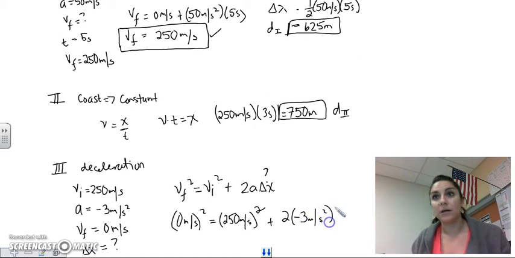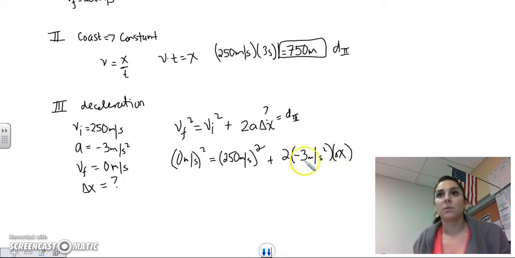Otherwise, you're going to get the signs mixed up and say you're going backwards instead of forward, because we're slowing down while moving forward, not backwards. And this is just our symbol delta x. Now remember, this is the same as me solving for this. These are interchanged. There we have it. So I'm going to solve for this.